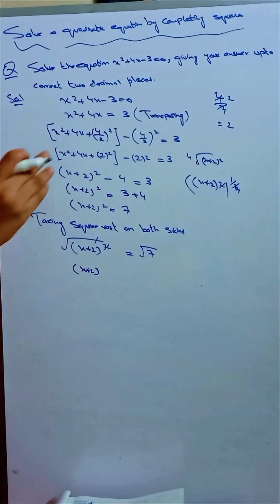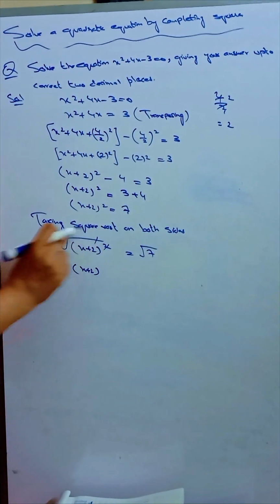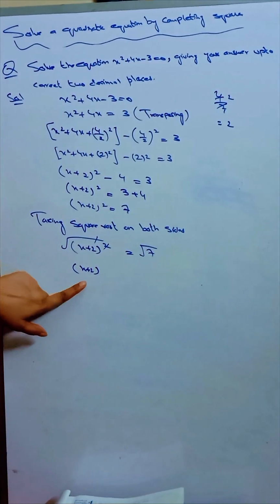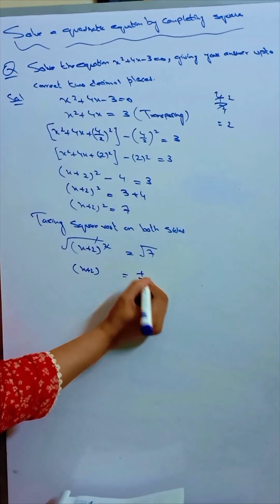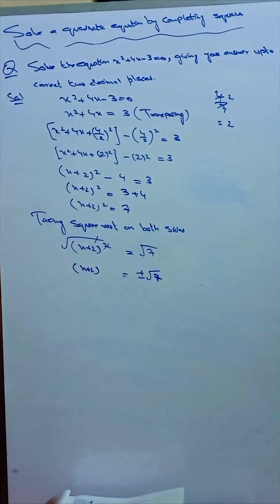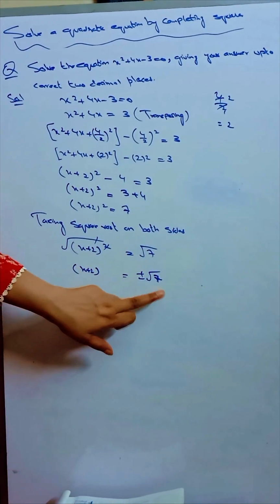But right now they have already given you 1 by 2 under root only, so this 2 can cancel off. What is left here? x plus 2 equals plus minus under root 7. Now we don't know what is under root 7 here. Under root means plus minus under root 7.